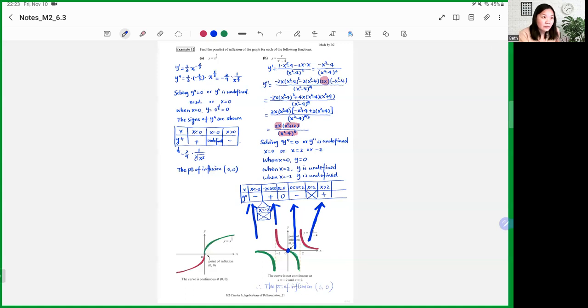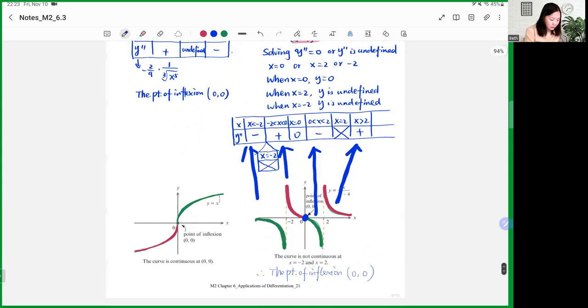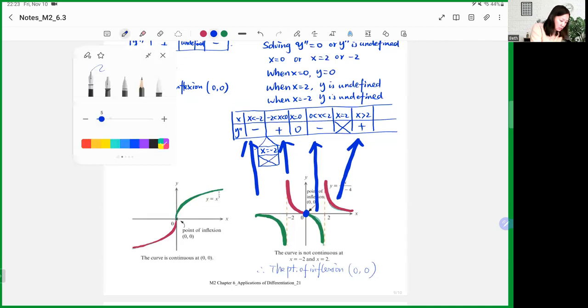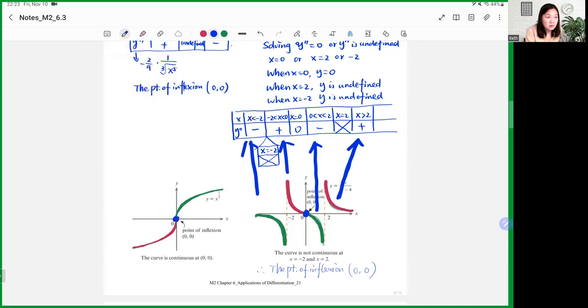Okay. Now let's do a comparison. At this point, part A, there is a point there. Although the derivatives are undefined, there is a point there. There is a change of concavity.